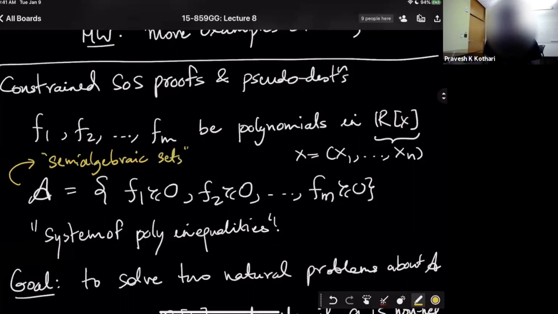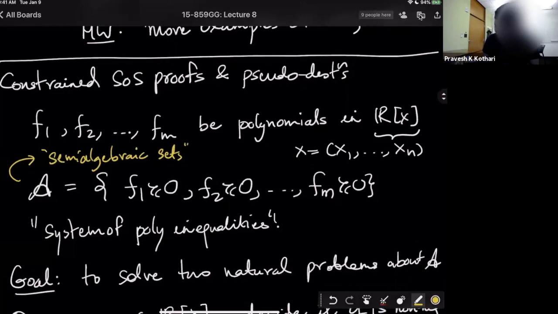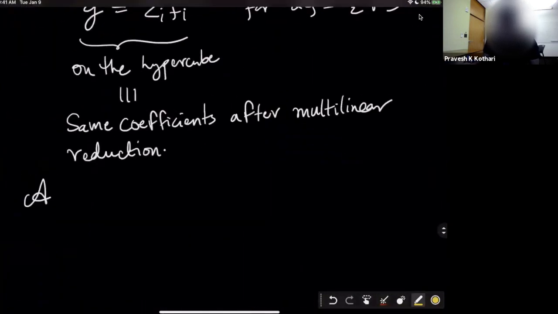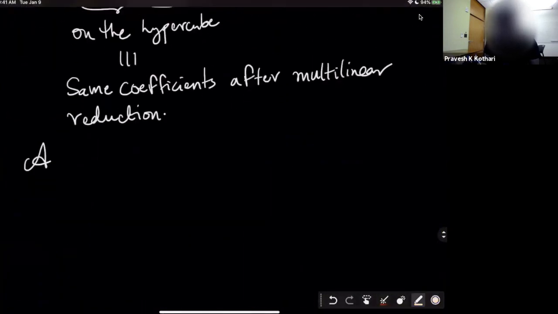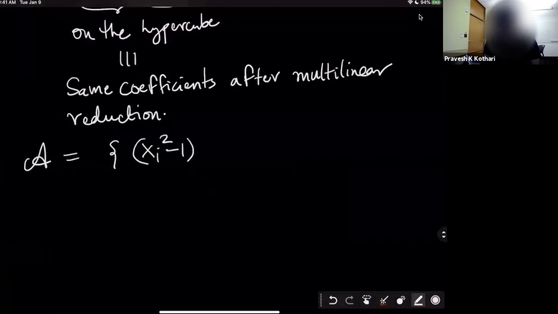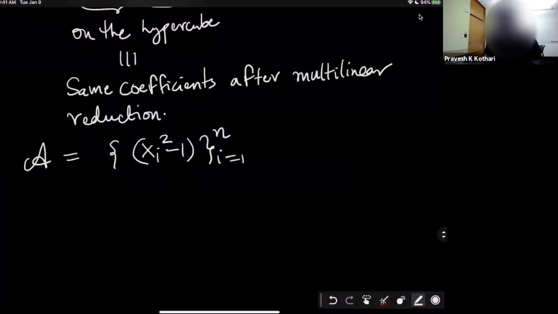It's just a compact language for describing systems of polynomial equations in general. We're just going to call them semi-algebraic sets. So the semi-algebraic set that we consider in the context of the hypercube is simply these equality constraints, right? That's what we thought about so far in the class.